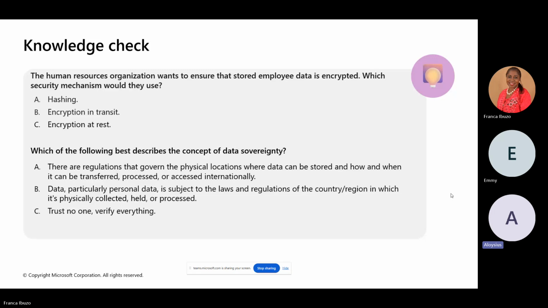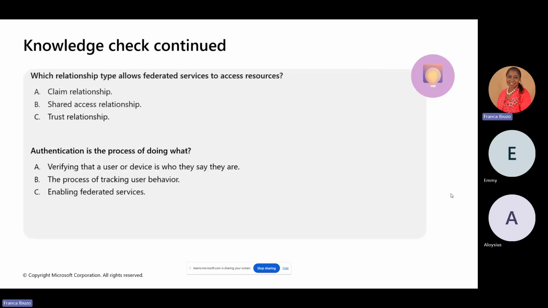This body gives regulation on how you store data, when you can transfer it, when to process it, and how to access it internationally. I think A gives a clearer view. Okay, we'll come back to that. Let's finish all the questions. Okay, the next one. Who wants to take this?